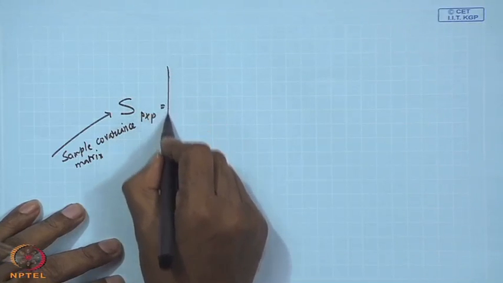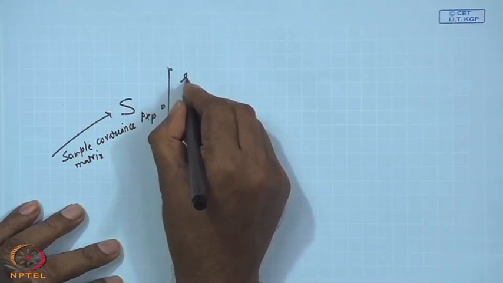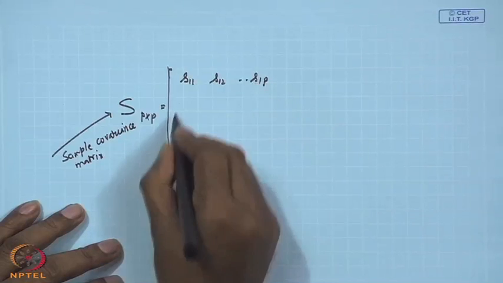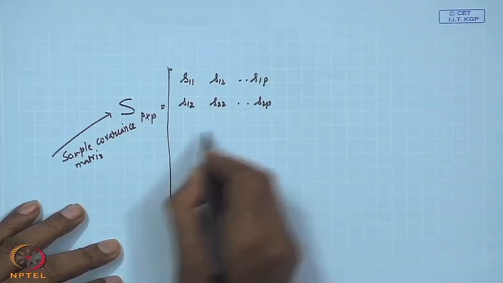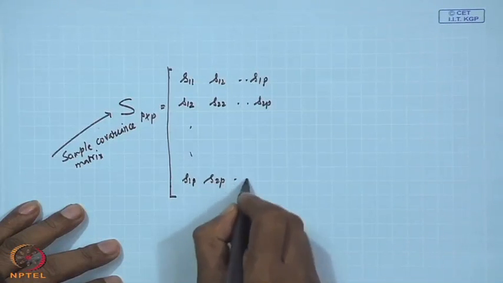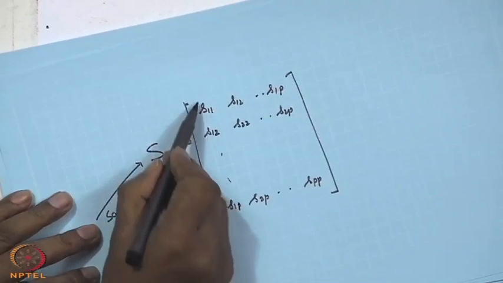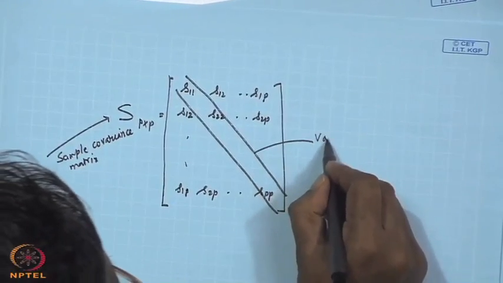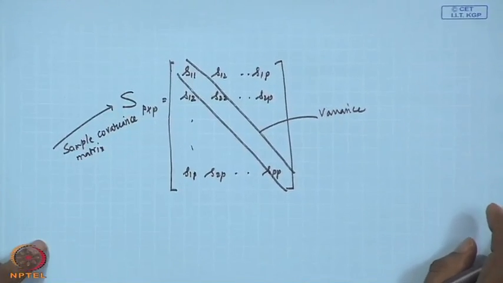My matrix elements I can write like this: S11, S12, up to S1p, again S12, S22, S2p, like this, S1p, S2p, up to Spp. These diagonal elements are the variance part and the off-diagonal elements will be the covariance part.